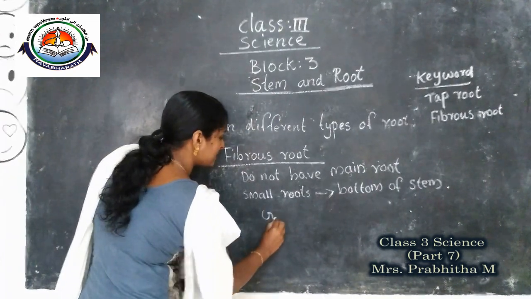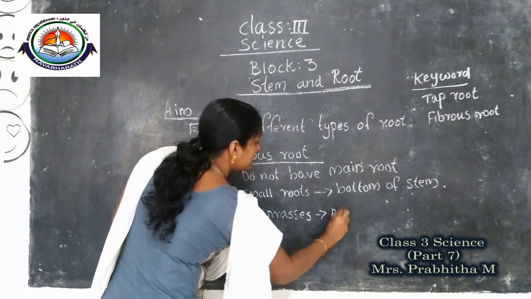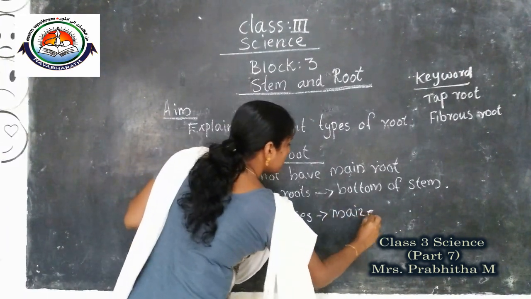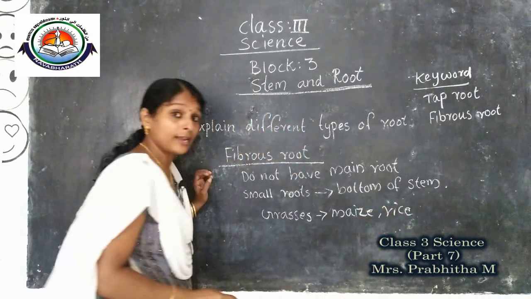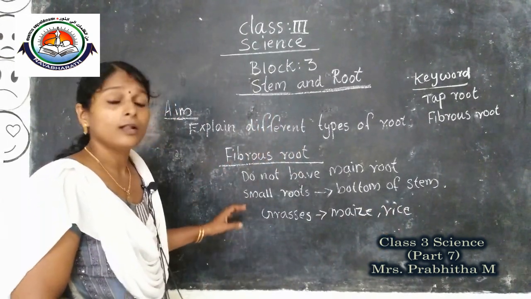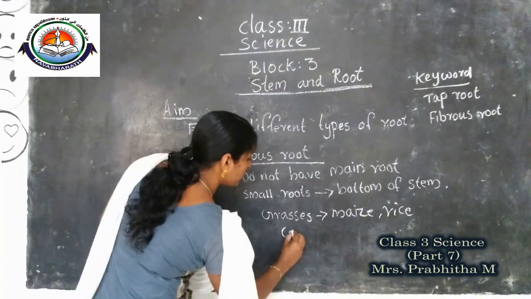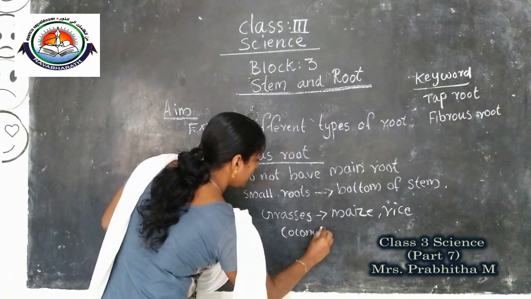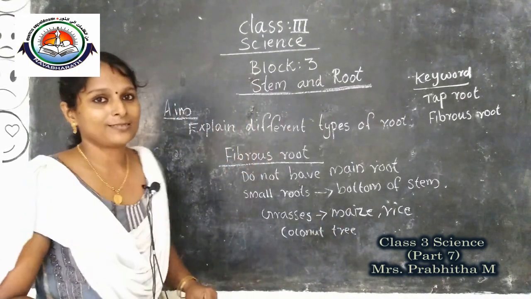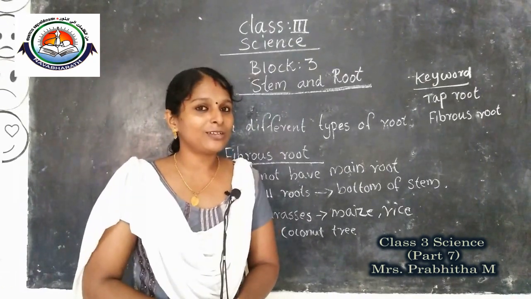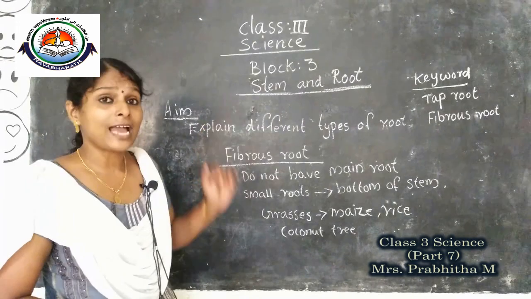So examples for fibrous root: all the grasses like maize, rice, wheat, all are grasses, isn't it? In all of these we can find fibrous root. A coconut tree also is an example. I think everybody understood what is fibrous root and what is taproot.